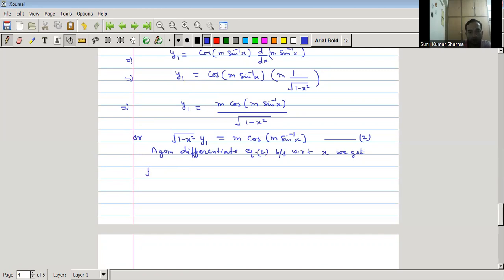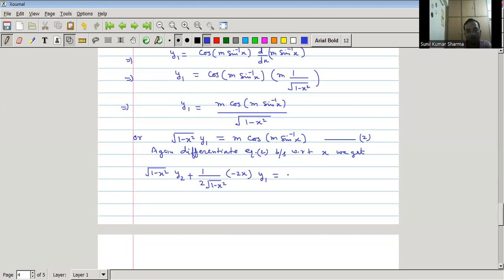So under root 1 minus x square is the first function, and the derivative of y1 is y2, plus under root 1 minus x square differentiated, which is 1 upon 2 under root 1 minus x square, and the derivative of 1 minus x square is minus 2x, into y1.